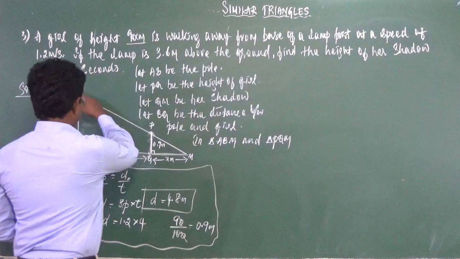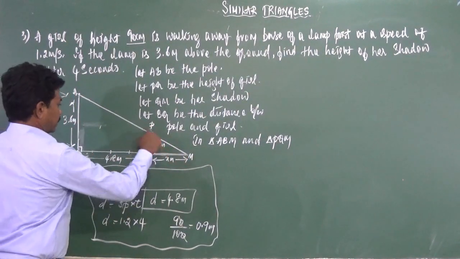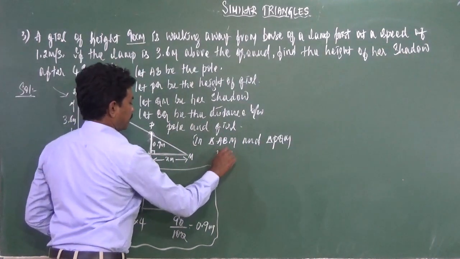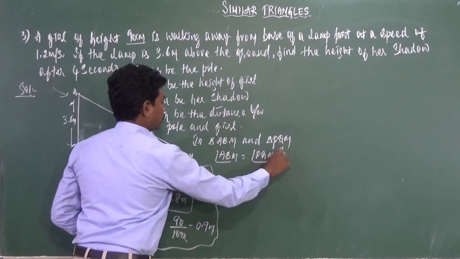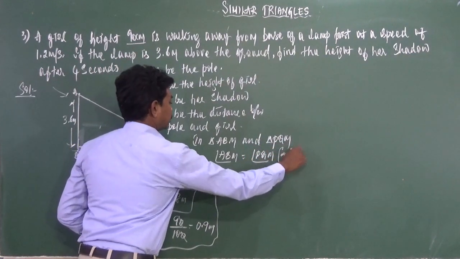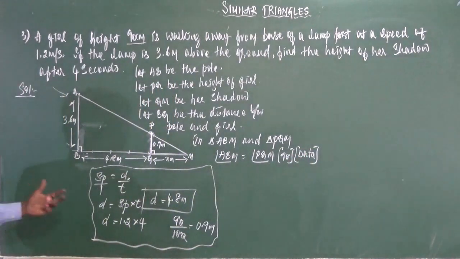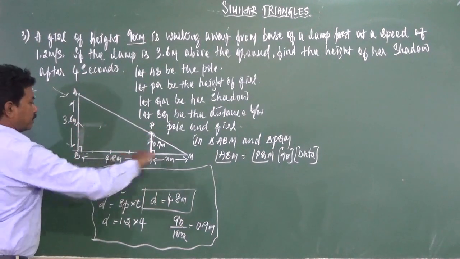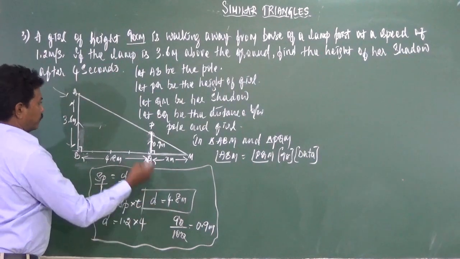So in triangle ABM and triangle PQM, angle ABM is equal to angle PQM because both are equal to 90 degrees, according to the data. So both lines are parallel to each other because both are perpendicular to the same line.